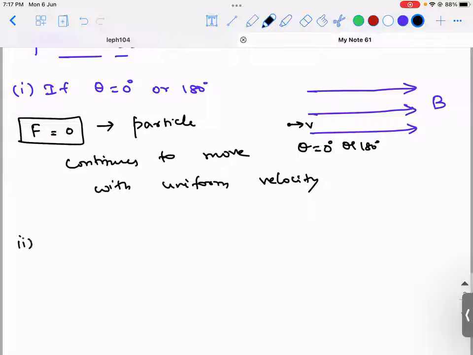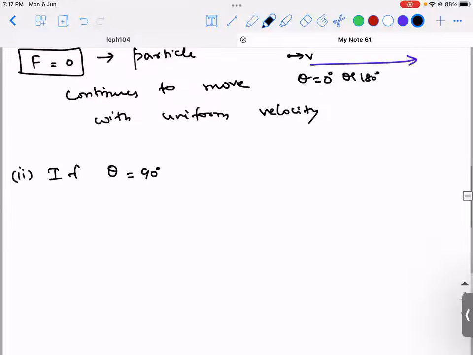The second scenario is if theta is equal to 90 degrees, what would have happened? Let us consider a scenario like this. Let's say there is a magnetic field which is existing into the plane of the paper.